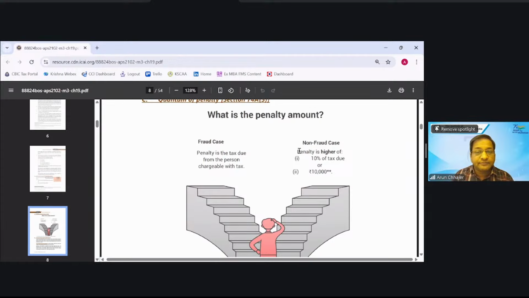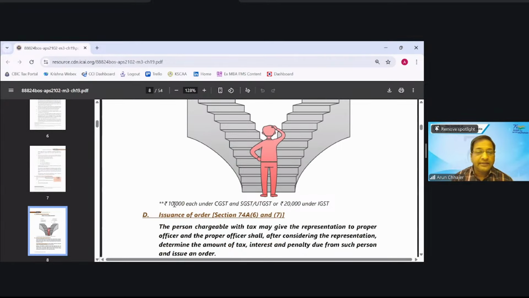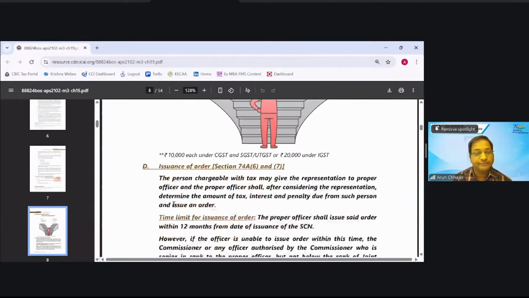And in non-fraud cases, 10% of the tax due or 10,000. अगर फ्रॉड है तो कितनी पेनल्टी? 100%. नॉन फ्रॉड है तो 10% और 10,000, whichever is higher. 10,000 each under CGST, 10,000 under IGST or SGST, and if it is IGST, then total 20.